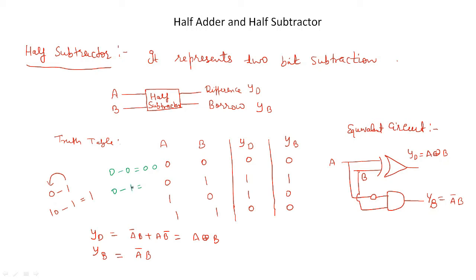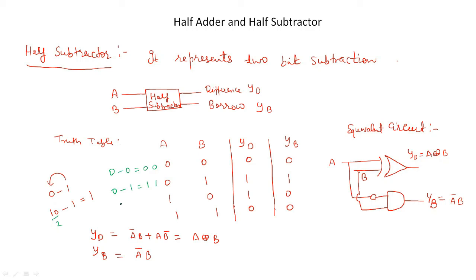When you take a borrow, it will be written as 1 into 0. In terms of the decimal number, its weightage is 2. So 2 minus 1 here will be 1. So there will be 1 as the difference and 1 as the borrow.